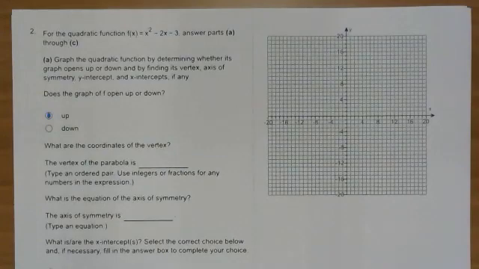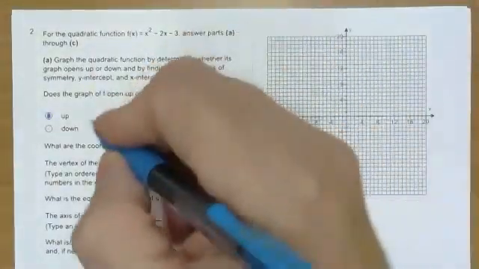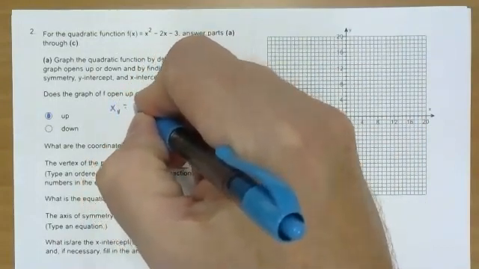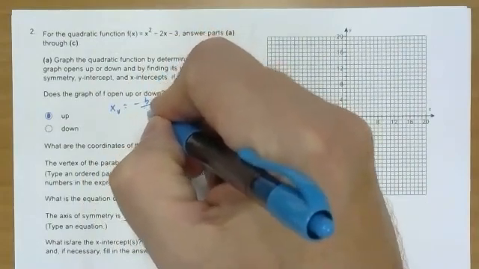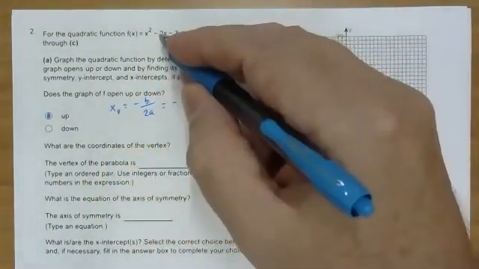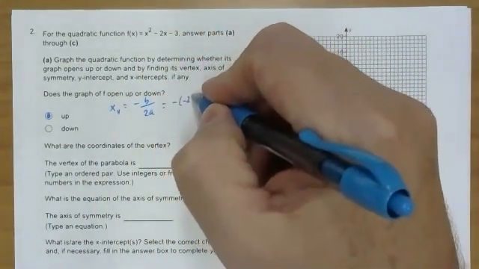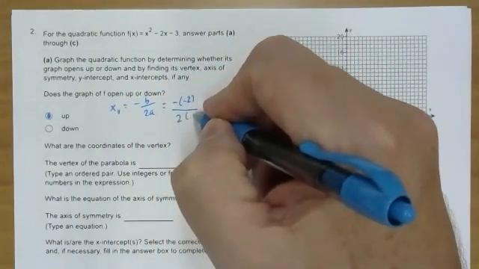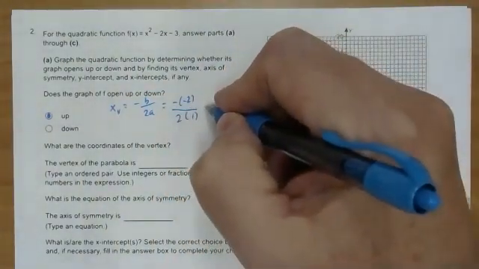What are the coordinates of the vertex? Well, it's the same as the problem we just did. If I use our little formula, x of the vertex is negative b over 2a. Now b is negative 2, so it's negative negative 2 over 2a, which is 2 times 1.